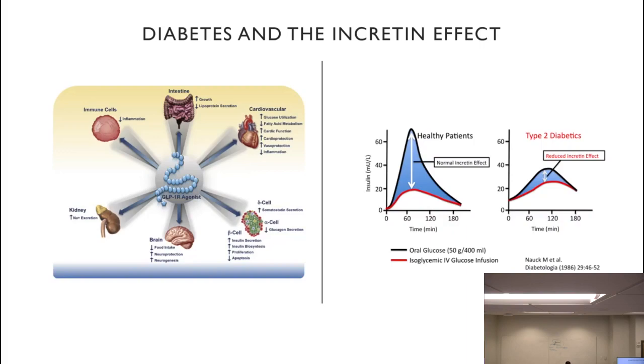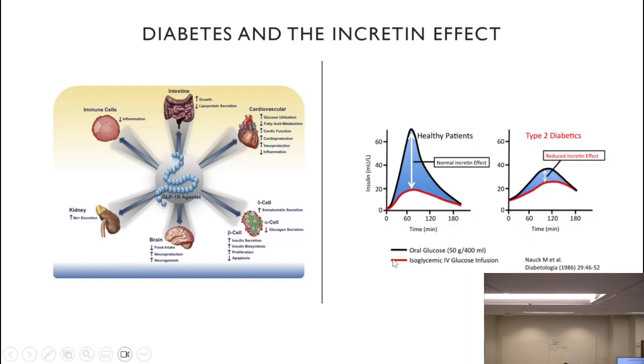And on the right here you have something that illustrates the incretin effect. You have a diagram that shows healthy patients receiving an oral glucose load, 50 grams of glucose dissolved in 400 milliliters of water.